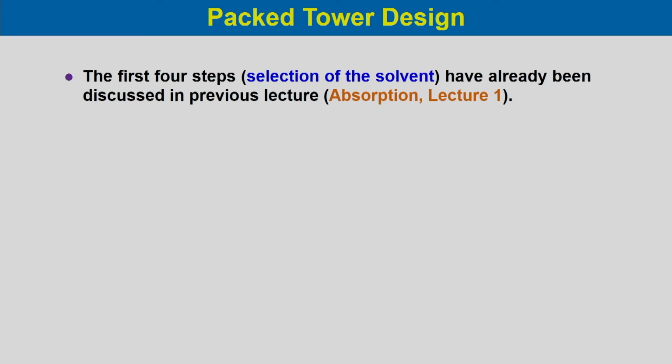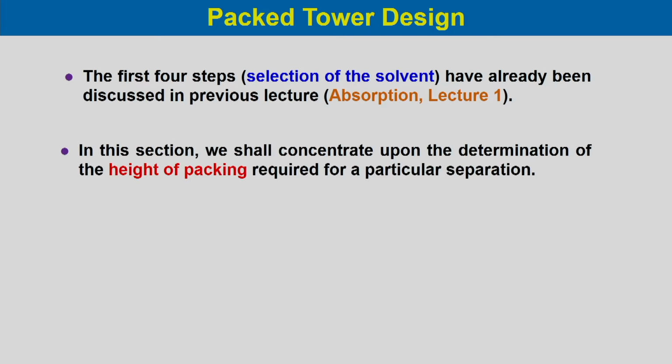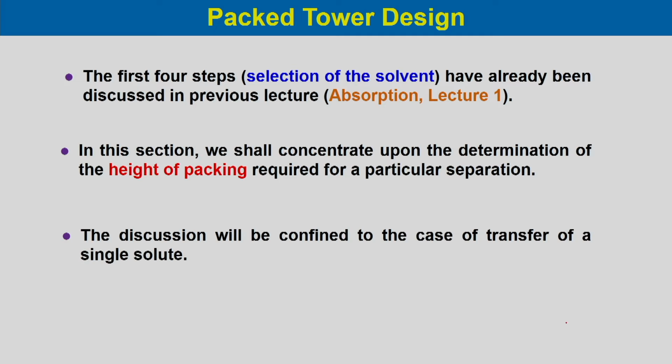The first 4 steps, that is selection of the solvents and so on, have already been discussed in the previous absorption lecture 1. In this section we shall concentrate upon the determination of the height of packing required for a particular separation. The discussion will be confined to the case of transfer of a single solute.